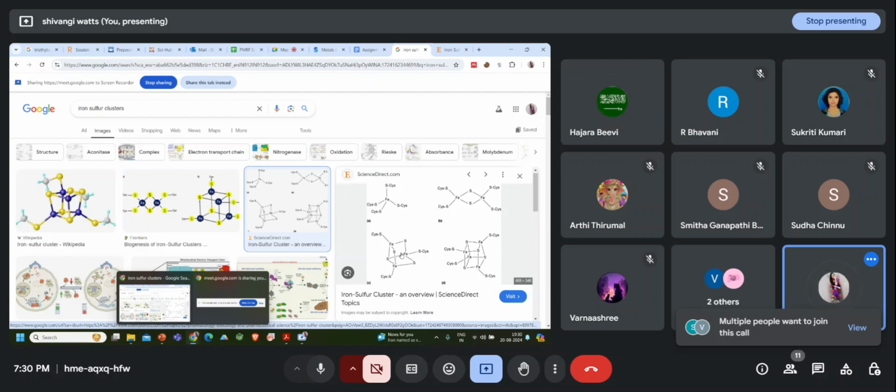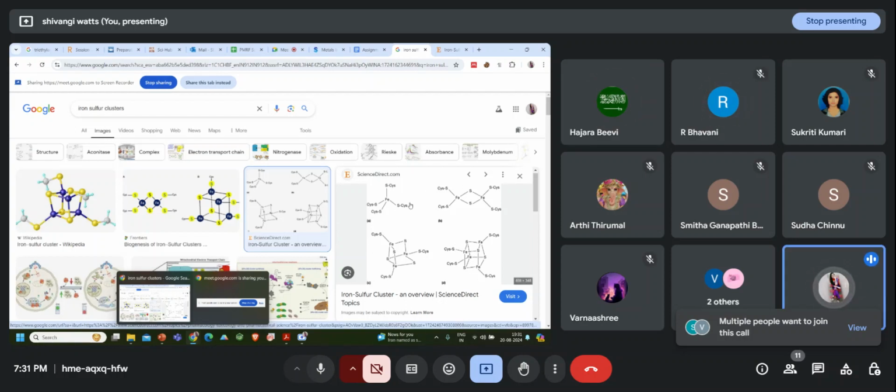How? Then there are one, two, three, four sulfur. Okay, four, Fe3S4. And what about this one? Three, four, one. S4. So this is Fe4S4.